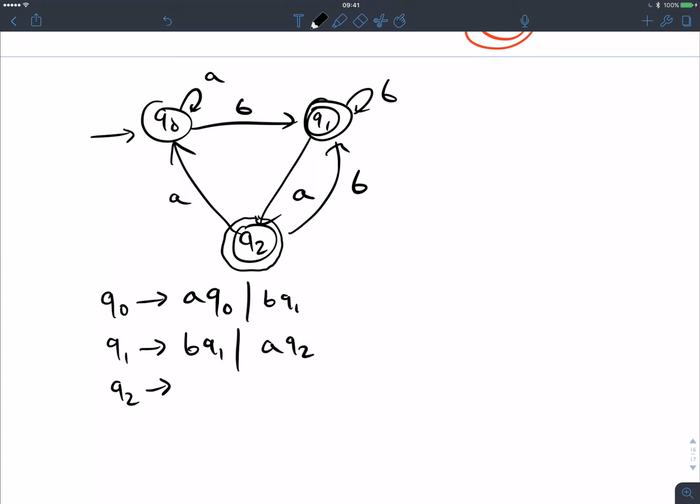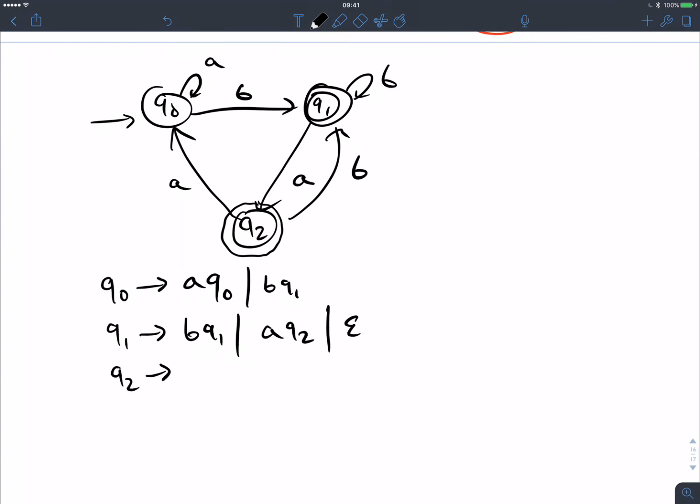Anything else? Epsilon. Good. Why epsilon there? It's the final state, because we want the opportunity of that variable dropping out. Q2, what does it make? BQ1, AQ0, and epsilon.